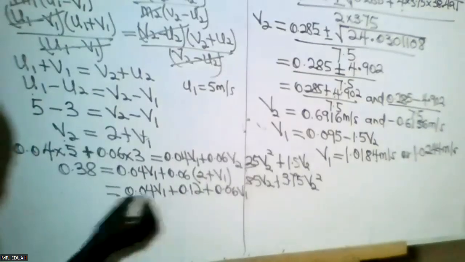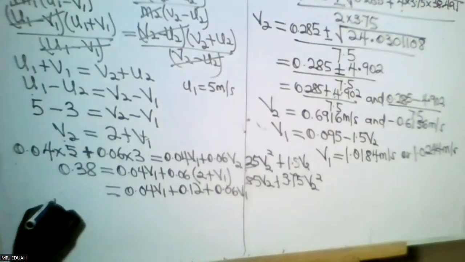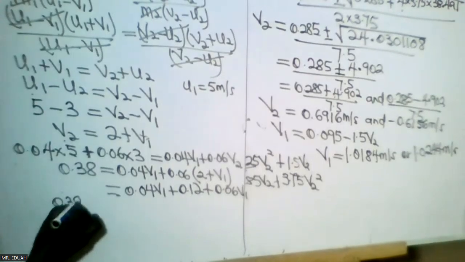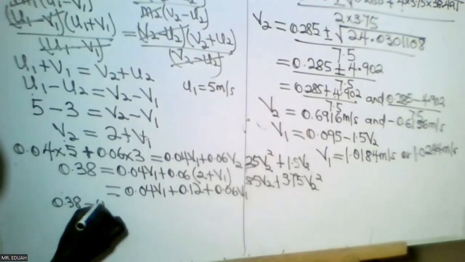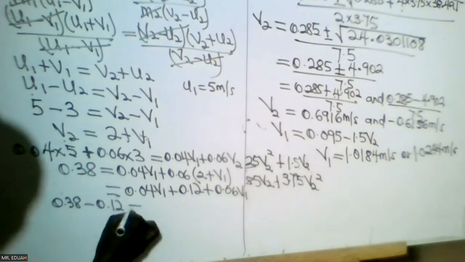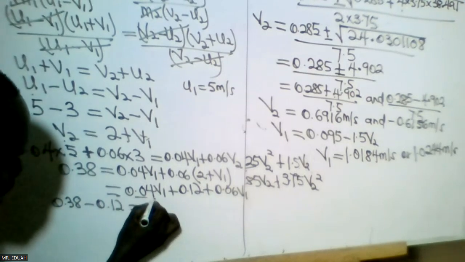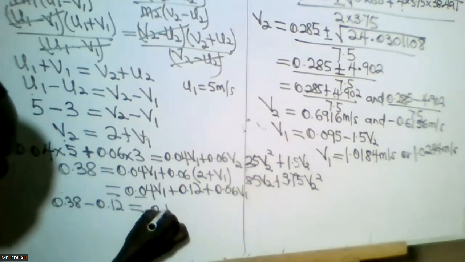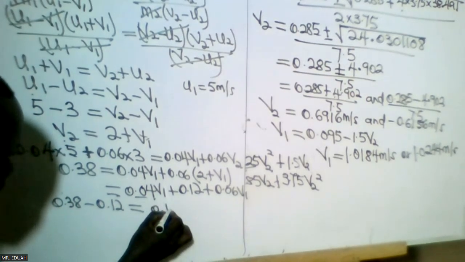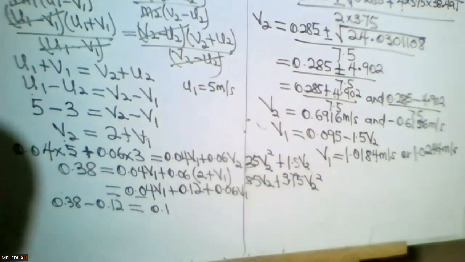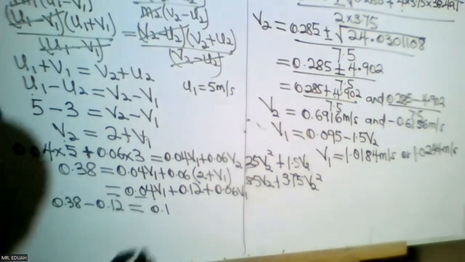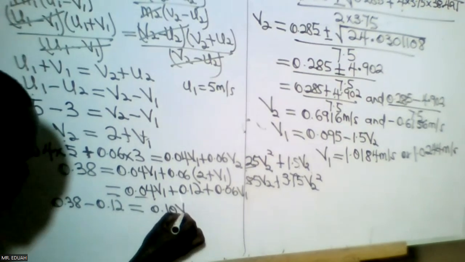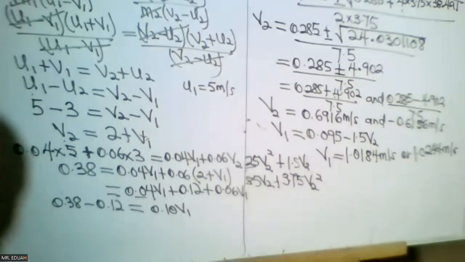Group like terms. So we have 0.38 minus 0.12 is equal to, adding 0.04 and 0.06, I get 0.1 V1.